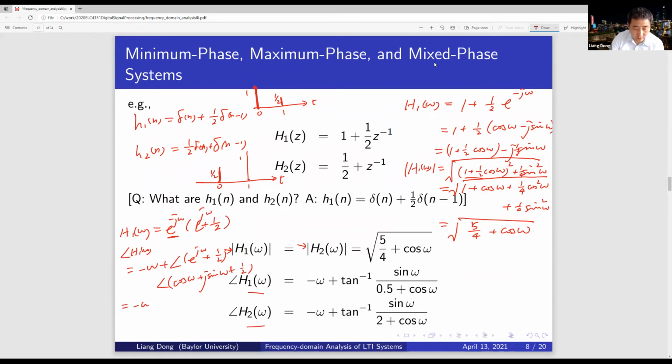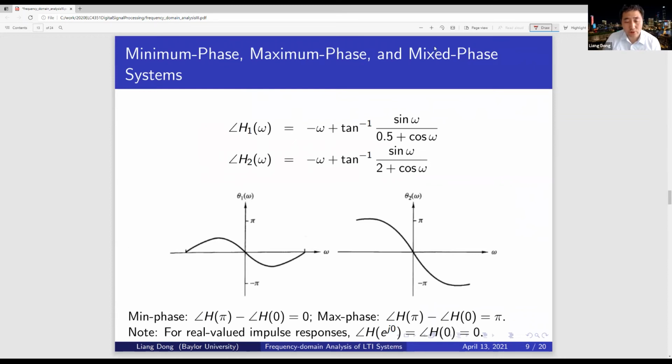So that is equal to negative omega plus, and to find this phase, it's the arctangent of the imaginary part, which is sine omega, over the real part, here 1 over 2 plus cosine omega. Okay, therefore I got this result, exactly here. If we calculate the angle of H2, we find out it's different.